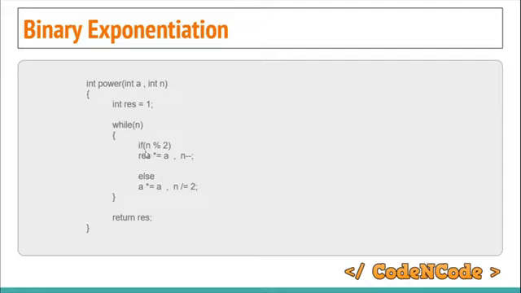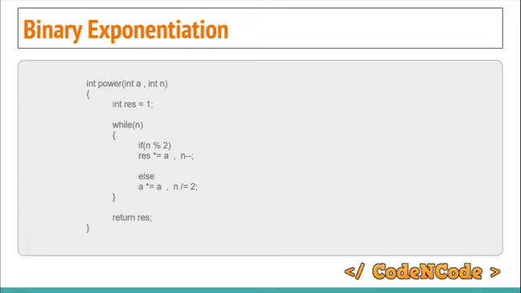All you can do is simply remove this else statement. So in every case it would be reduced by half, because if it is odd, then after reducing the power by 1 it has to be reduced by half. If it is not odd, then it has to be reduced by half anyways. So you can simply remove the else, and this would work fine as well.